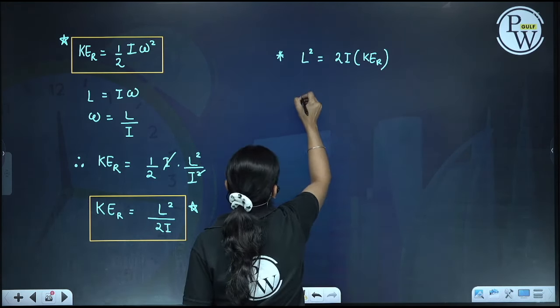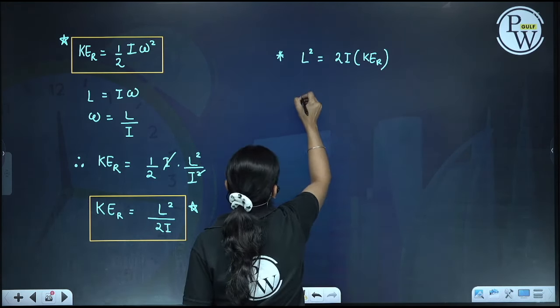So we have a body which is moving with some velocity v forward, simultaneously rotating with angular velocity omega. The combination of pure translational and pure rotational motion is called rolling motion.